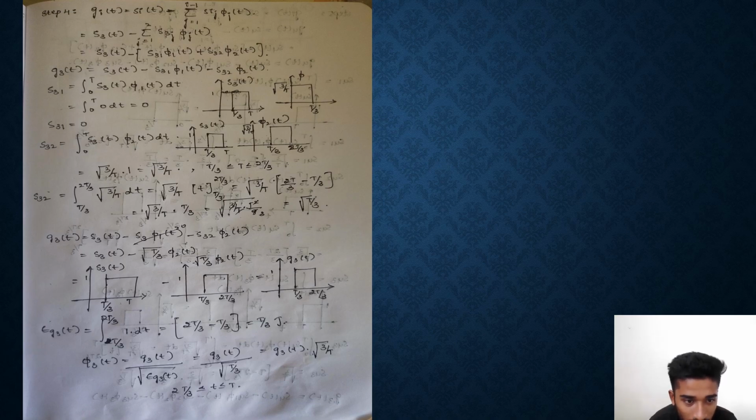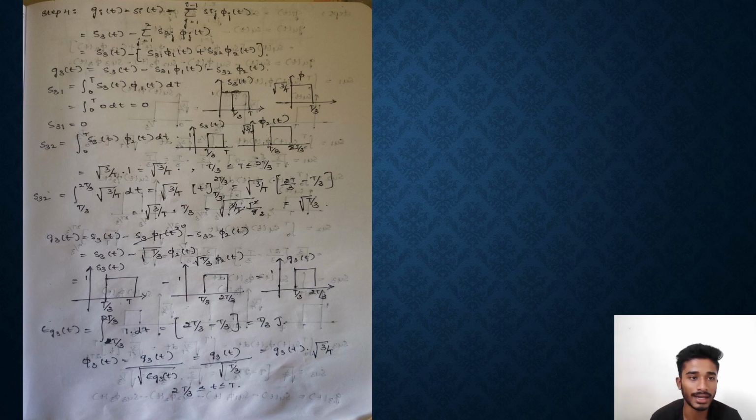We can further multiply g3 of t, which gives us psi3 of t is equal to g3 of t into root 3 by t, for 2t by 3 less than or equal to t less than capital T.